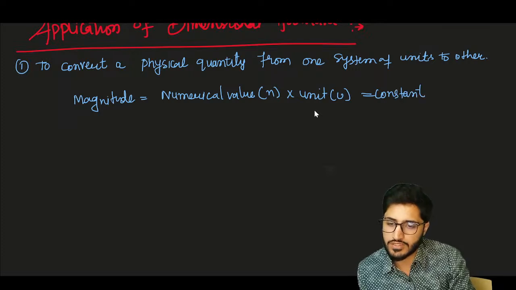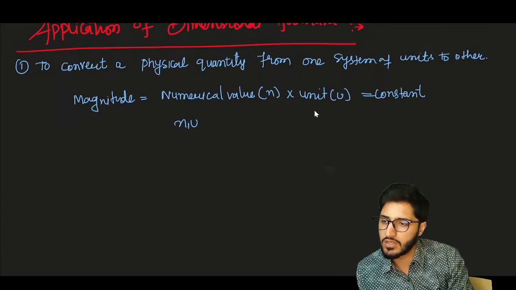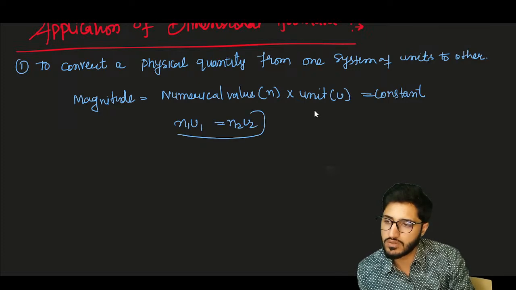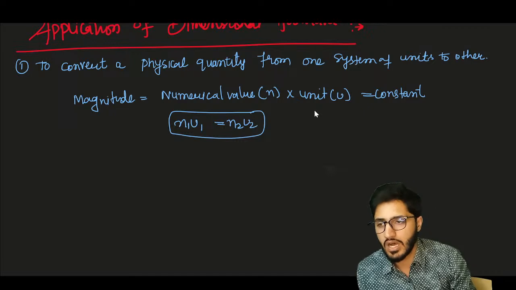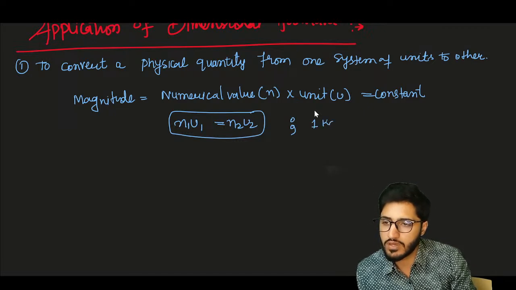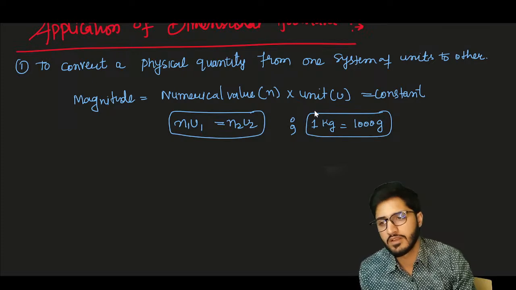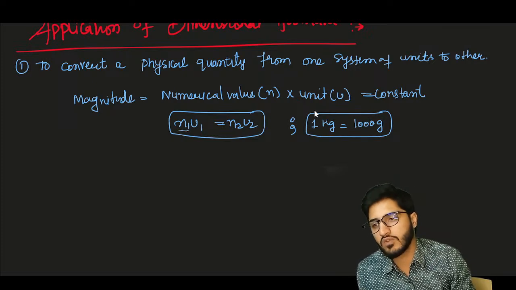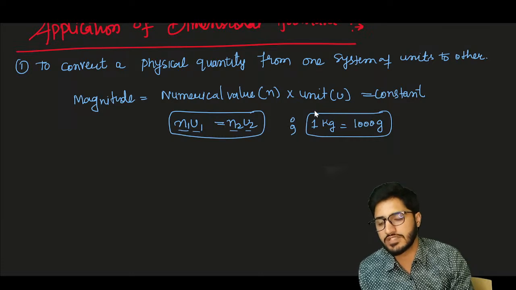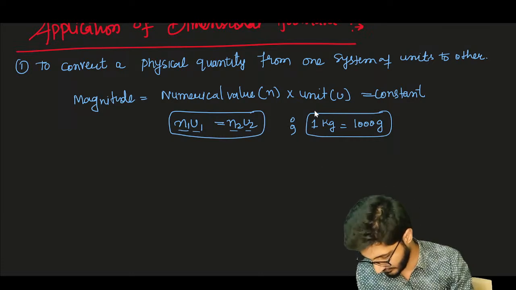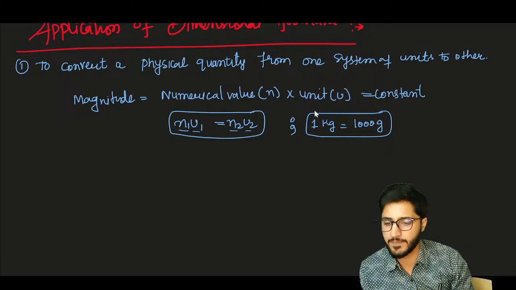So I can write n1 u1 is equal to n2 u2. How? Let me write an example now. 1 kilogram is equal to 1000 gram. So 1 is the numerical value n1, kg is u1, n2 is 1000, u2 is g.